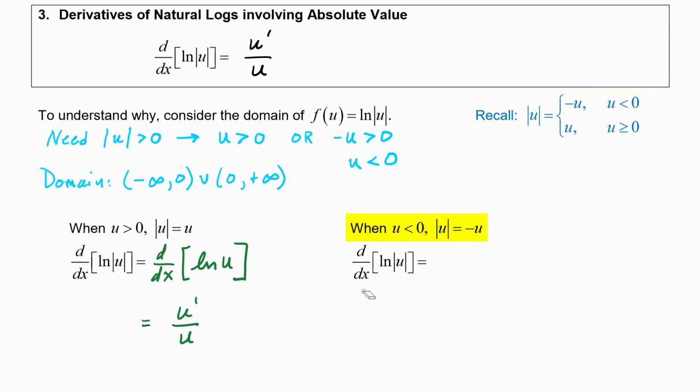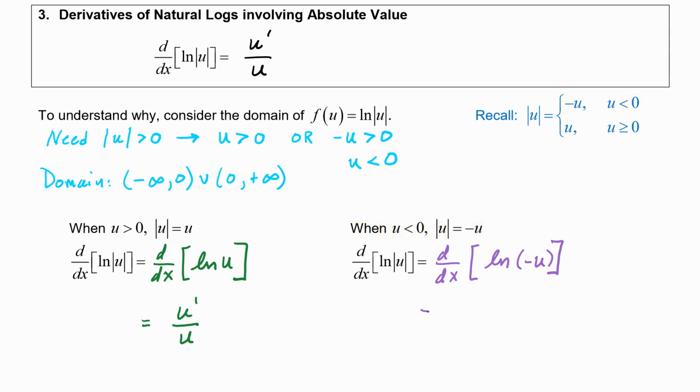Then the derivative with respect to x of the natural log of the absolute value of u becomes the derivative with respect to x of the natural log of the opposite of u, because we replace absolute value of u with negative u whenever u is negative.